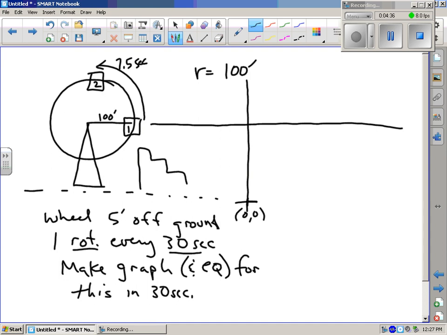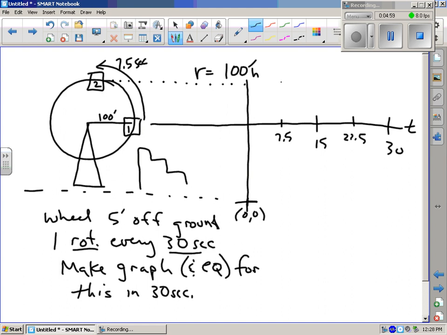This is the t-axis. This is the, we could call it h for height axis if you want. So t for time, let's put 30 out here. Here's 15. Here's 7.5. This would be 22.5.